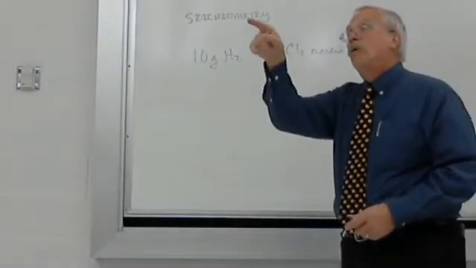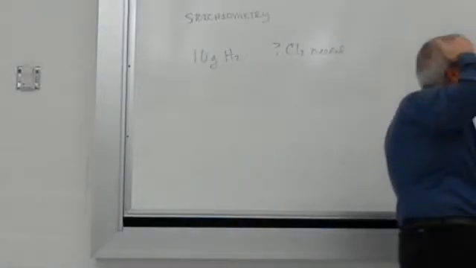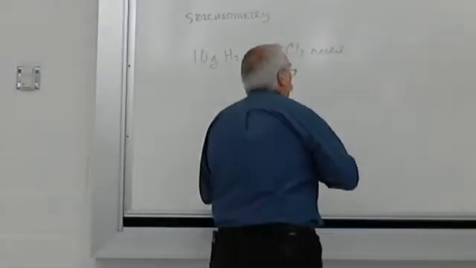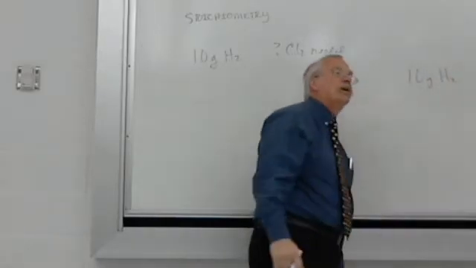And so we'll talk about that. That's an excellent observation. So let's start. 10 grams of hydrogen. Grams does me no good. What do I want to do? Convert it to moles. Using the same equation, for the moment.